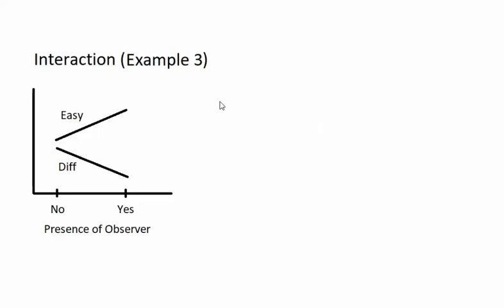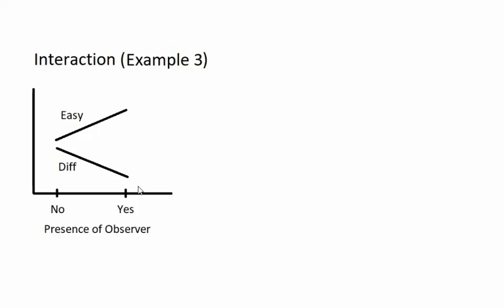And this is another interaction because when the task is easy, performance goes up when there's an observer, and when it's a difficult task, performance goes down when there's an observer. The theory behind this is that when a spectator is present, that causes the person doing the task to feel a higher level of arousal because they know they're being watched. If the task is easy, that arousal is going to benefit the person and help them do better.